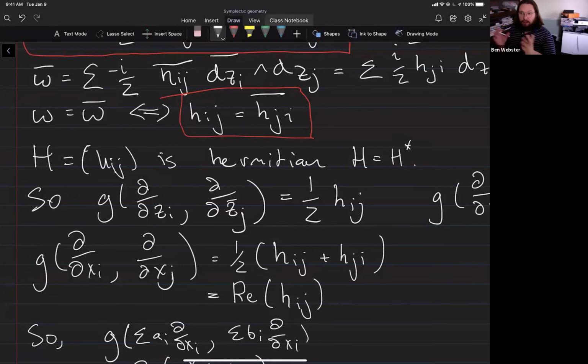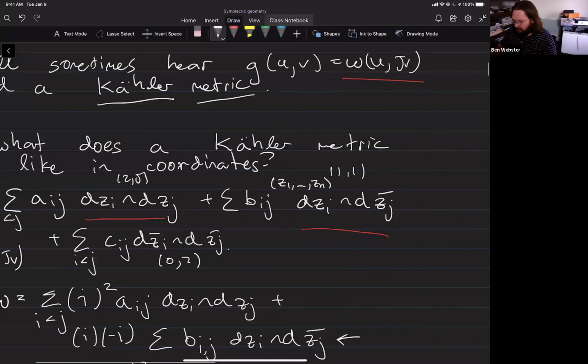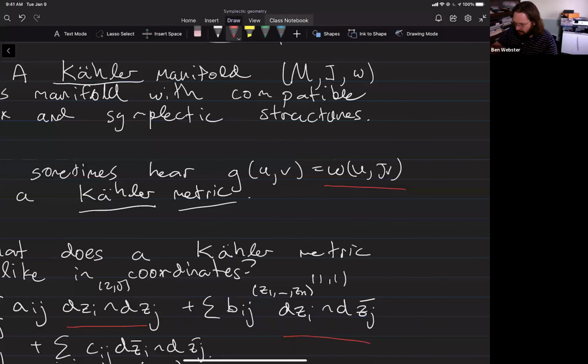So that's another reason to think about why I would throw in that weird factor of i. When I write out the matrix of the metric instead of the matrix of the symplectic form, there's naturally an i that shows up, because the metric and the symplectic form are related by this equation, so that multiplying by the complex structure multiplies by i or minus i.